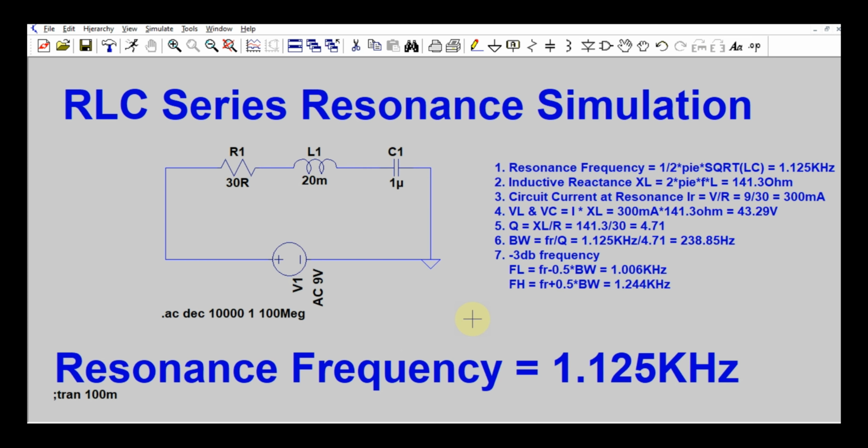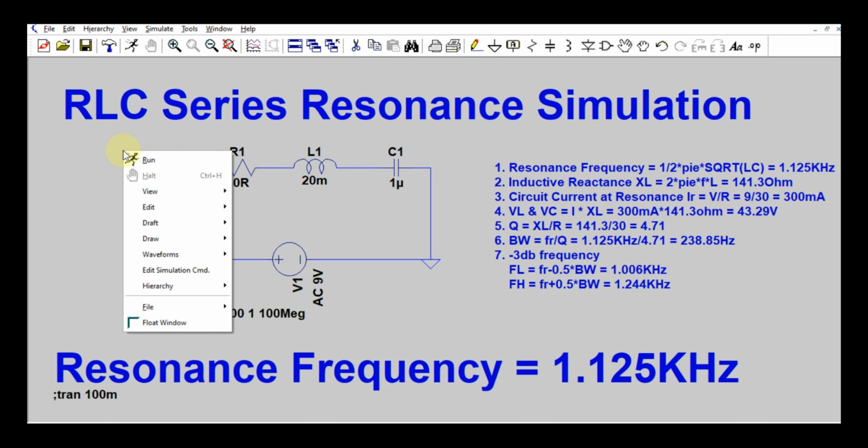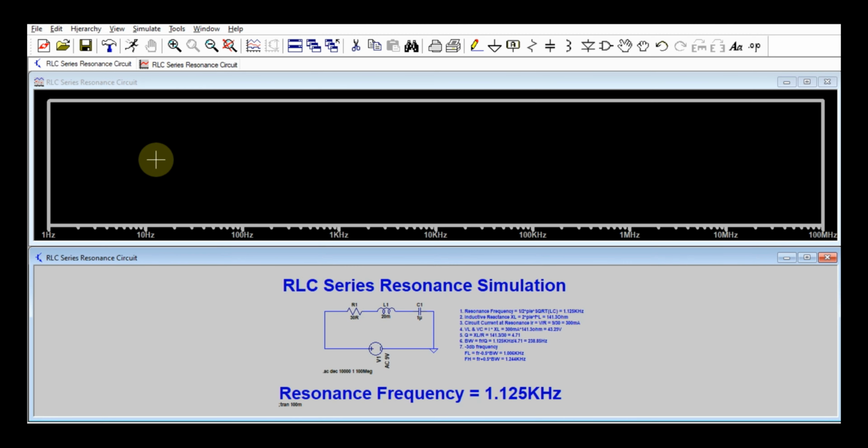So this is your AC analysis command. Now go to this run button, or right click on your schematic and you will see the run button. So click on that, no worries.